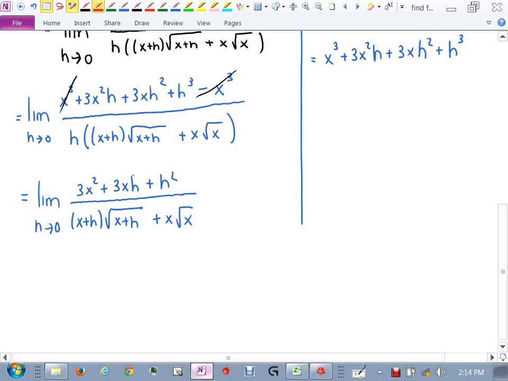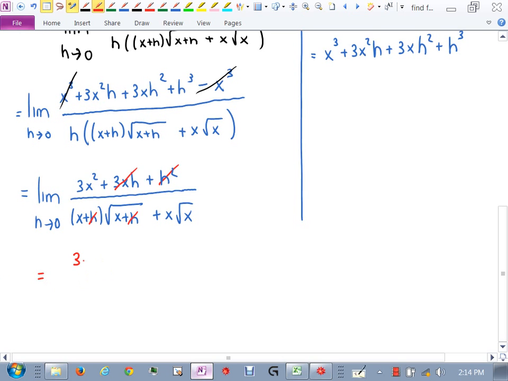So I'm taking the limit. This goes away, that goes away, that goes away, that goes away. Which leaves me with no more limit. 3x squared over x times square root of x plus x square root of x.